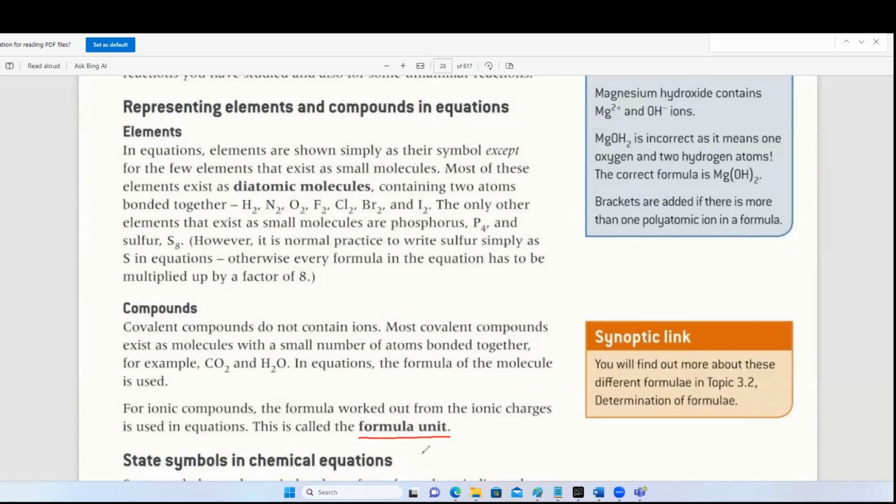So the chemical formula we write for the ionic compound is also called a formula unit because it's the smallest unit that there is. The other ones are just called chemical formula, and this one is called a formula unit because of this reason.